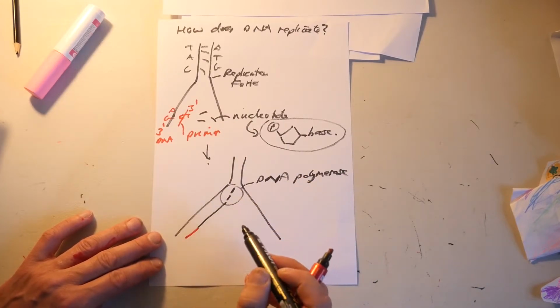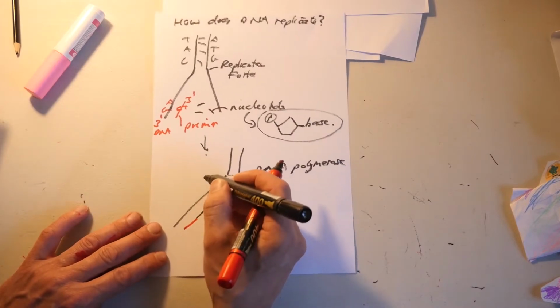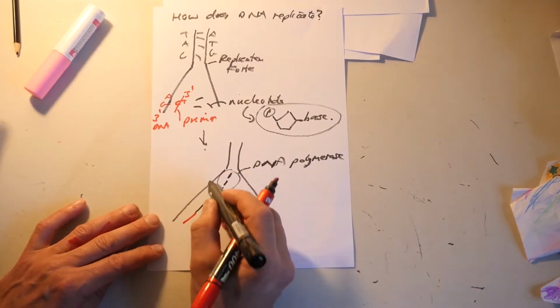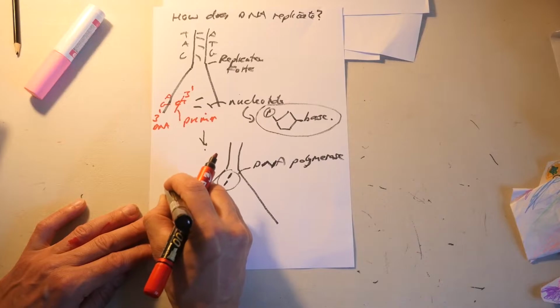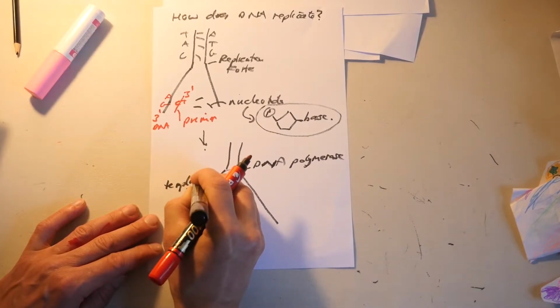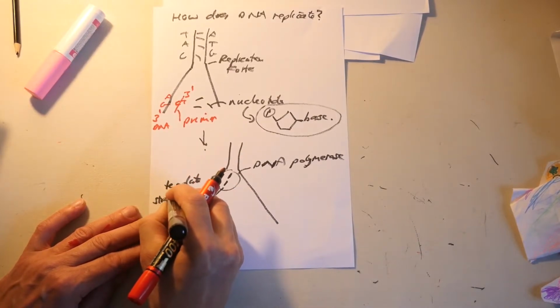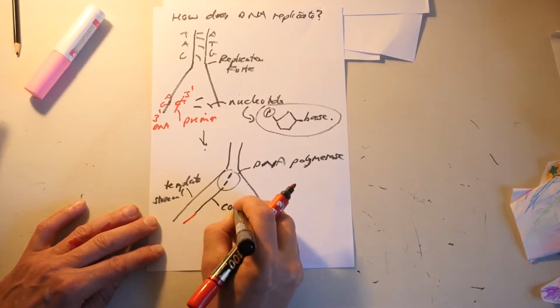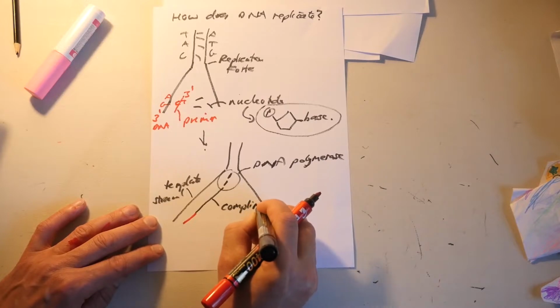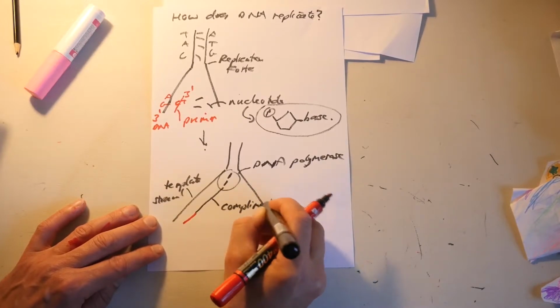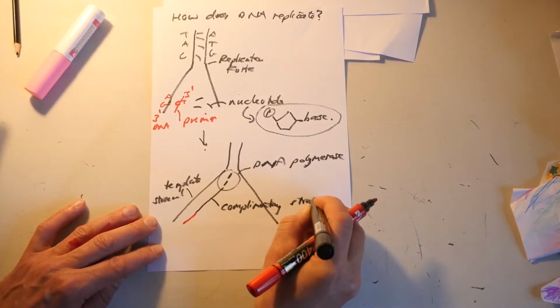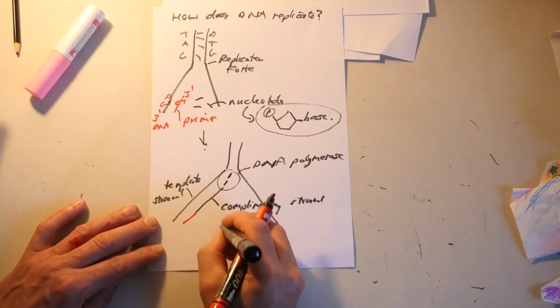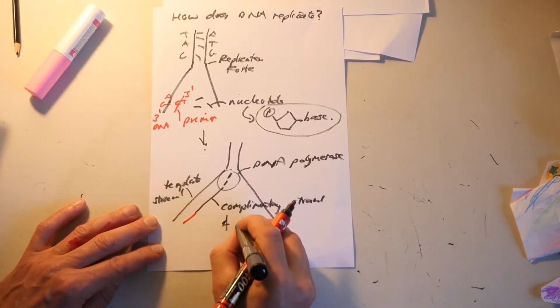okay. So this is the complementary strand of replicated DNA. This is the template. And this is the complementary strand of the DNA, okay?